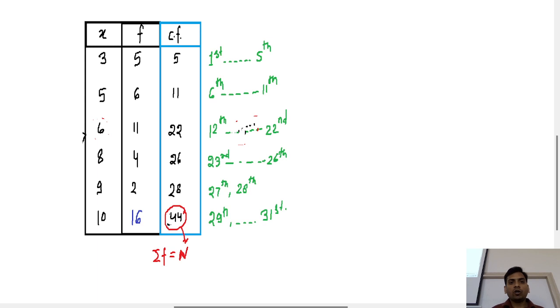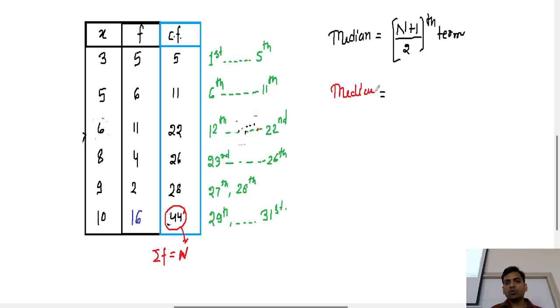Clear? Now your formula is median equals n plus 1 upon 2th term. Okay, so for this data set, median equals 44 plus 1 upon 2th term.